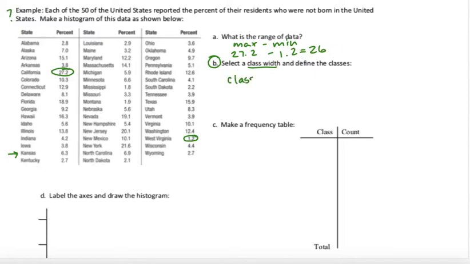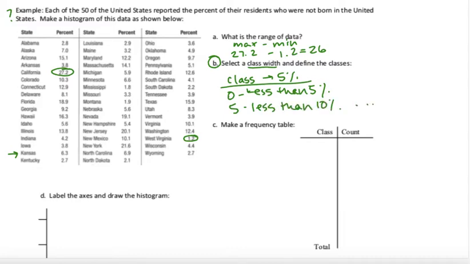So my class width is going to be 5%, and I'm going to describe the classes as 0 to less than 5%, then 5 to less than 10%, and so on until I get to 27.2. When we start making this frequency table, we'd look at our classes: this would be 0 to less than 5, this would be 5 to less than 10, and so on.